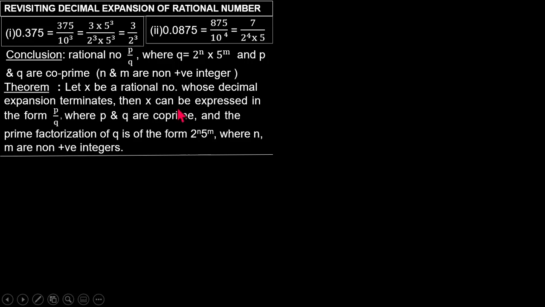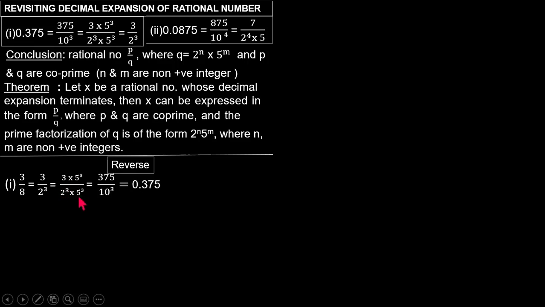Now we will go to the reverse part of this. What is the reverse part? We will go from P by Q to decimal. In part 1, we went from decimal to P by Q. So 3 by 8 can be written as 3 over 2 cube. Then let us multiply by 5 cube in numerator and denominator. Why are we multiplying by 5 cube?